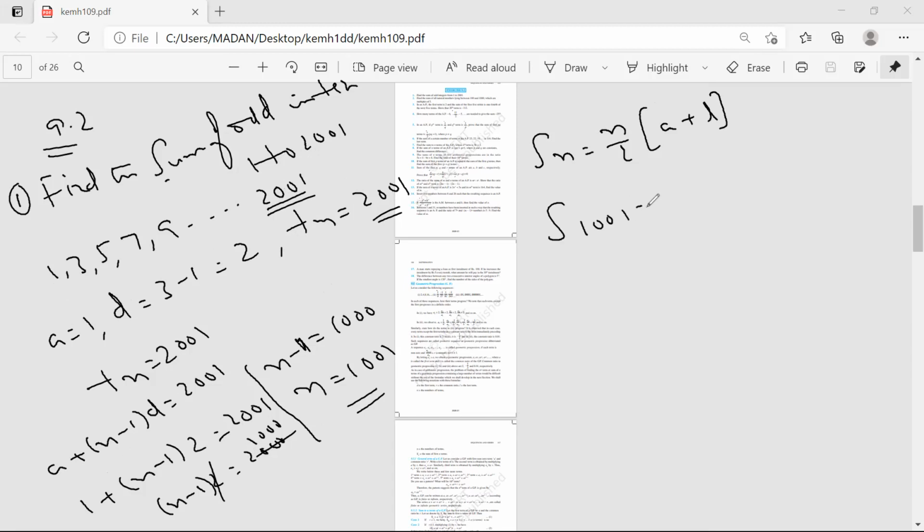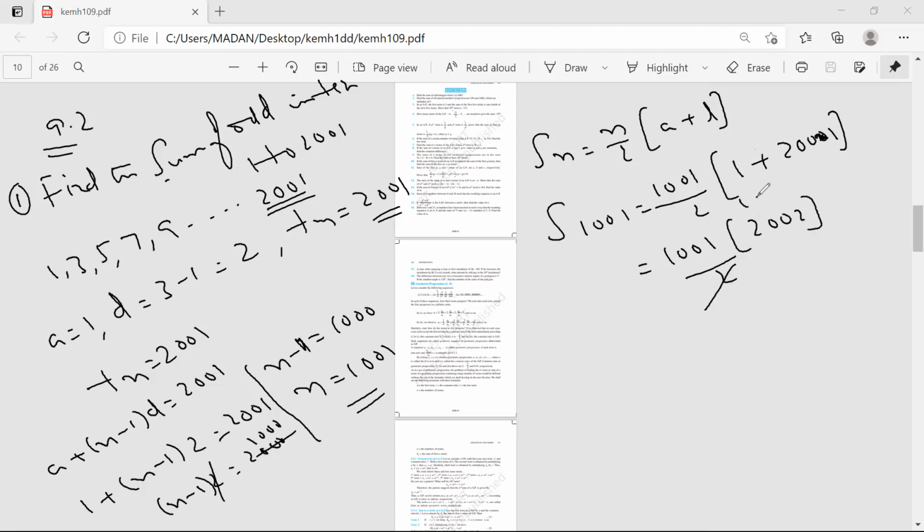Yes, 1001. So 1001 by 2 into a plus L, where a is 1 and L, the last term, is 2001. That is 1001 into 2002 by 2, which is 1001 into 1001.